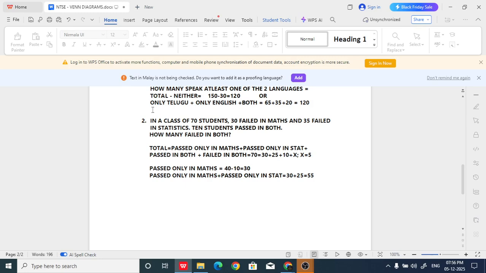Same thing, the same diagram. So the total is equal to passed only in maths, passed only in statistics, passed in both, plus failed in both. This is one way of doing it. Or maybe you can do it this way also.